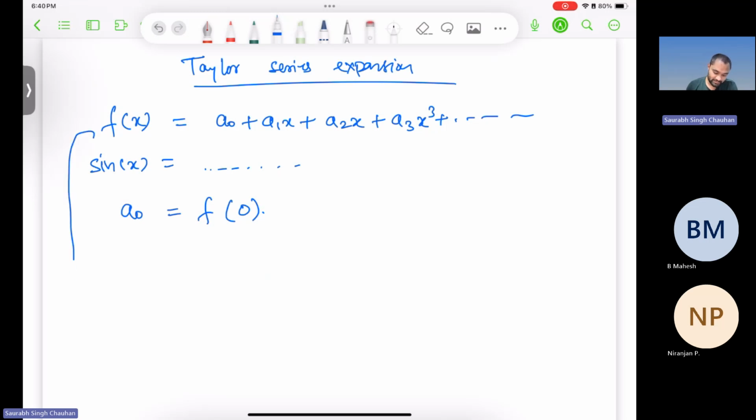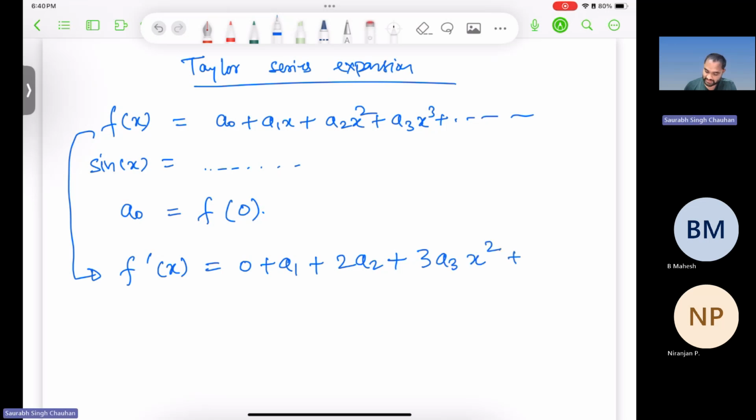To find a1, what you can do is differentiate this with respect to x once. So it will be 0 plus a1 plus 2a2 x plus 3a3 x square and so on.